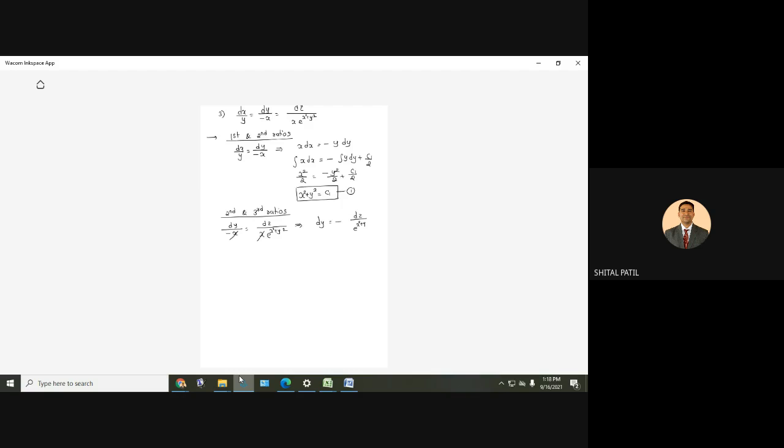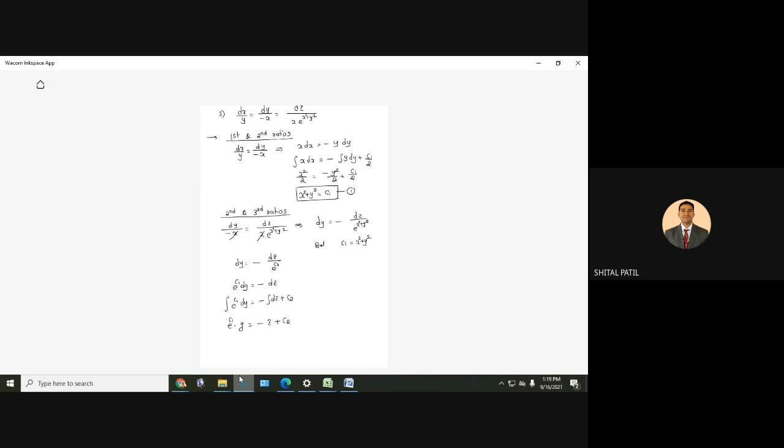So still we are not able to remove the y square, but from equation number 1, what we know, x square plus y square equal to c1. Right?